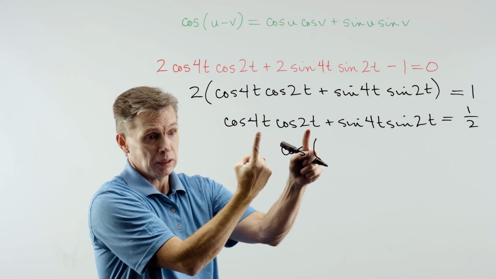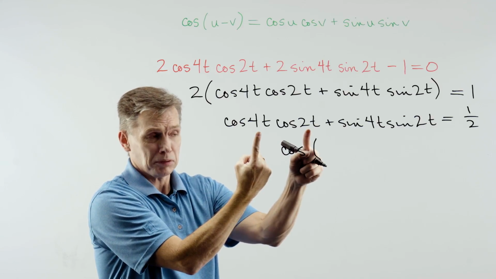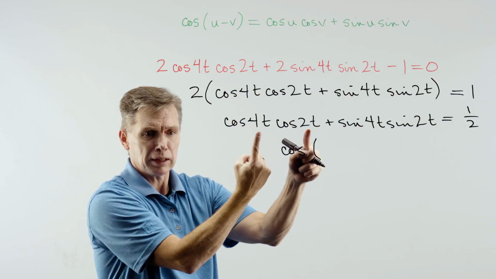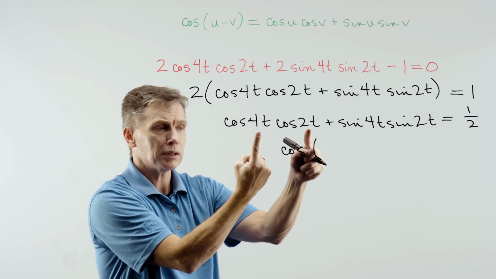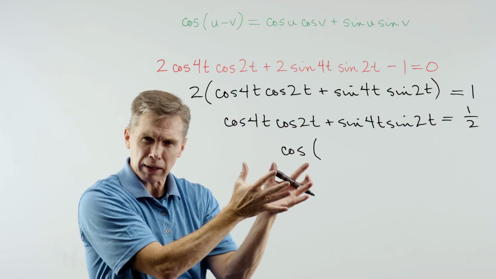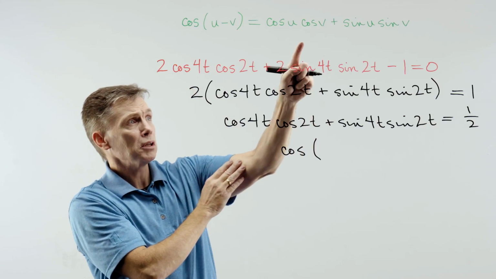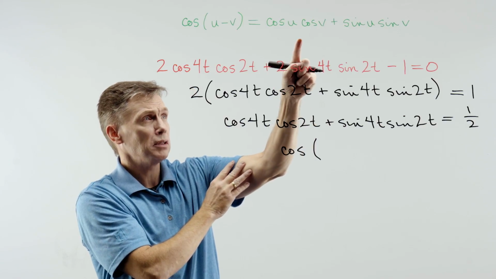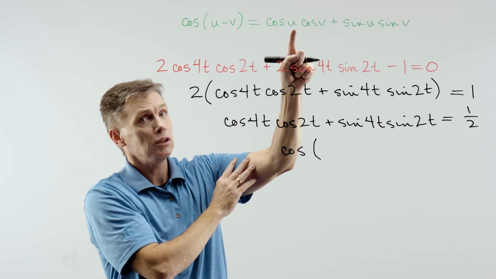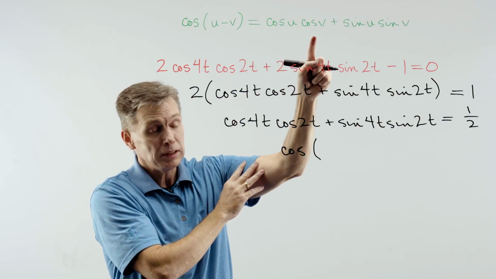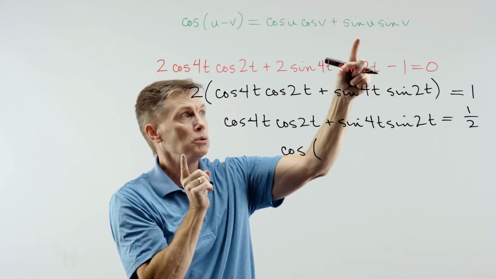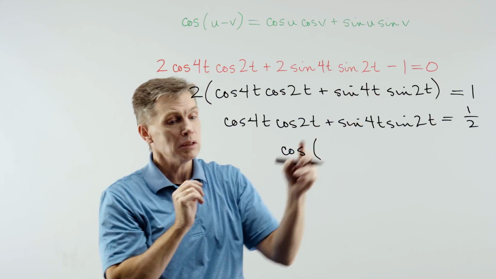Something else you might want to be careful of is when you go to decide what trig identity to use, make sure it's fitting appropriately. And what I mean by that in this case is that if we're going to use the right-hand side of this identity or formula, it's cosine u times cosine v plus sine of the same u times sine of the same v.